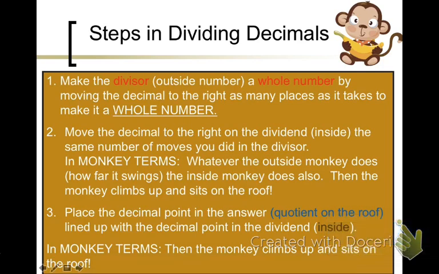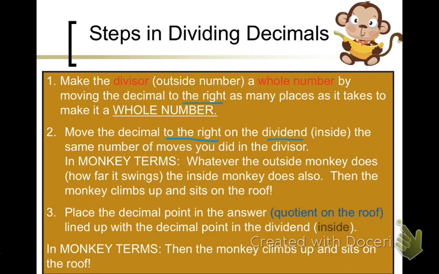Making the divisor on the outside a whole number is the first thing that we need to do, and we do that by moving our decimal point to the right as many times as it takes to make it a whole number. So basically our decimal is going to move all the way to the division house. Once we do that, notice in step number 2, we need to move the decimal to the right in the dividend as many times as we did in the divisor.